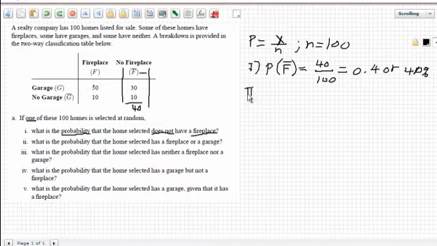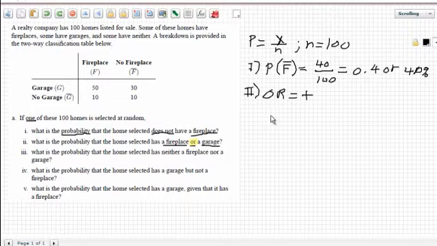So for the second part, they ask us to calculate the probability that the home has a fireplace or a garage. Now there's a very important word, and that is "or." An "or" is equivalent to really addition.